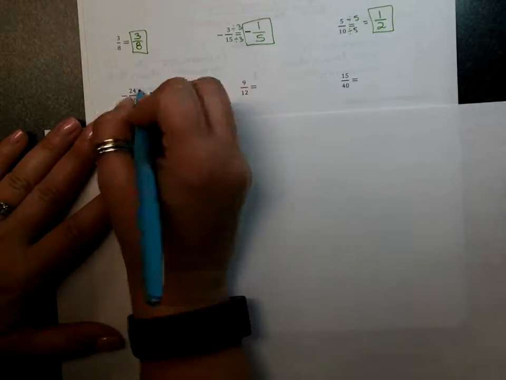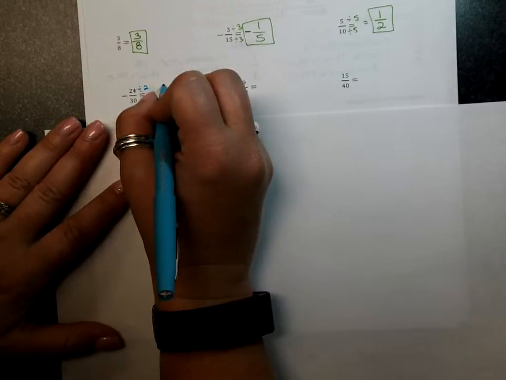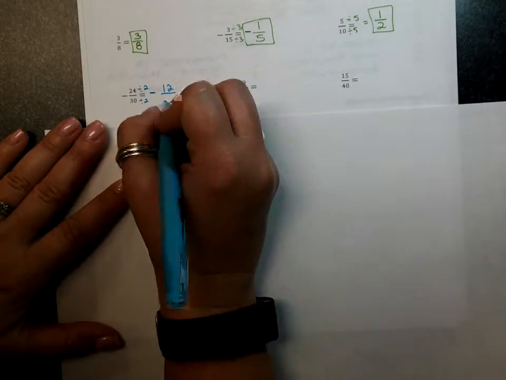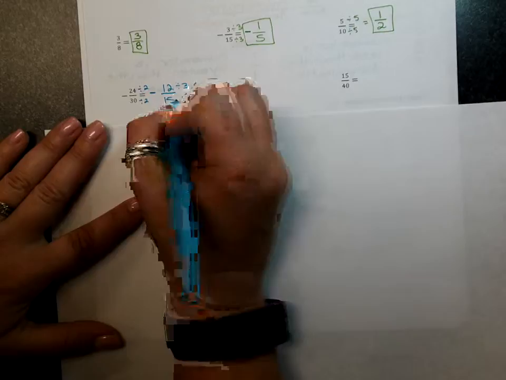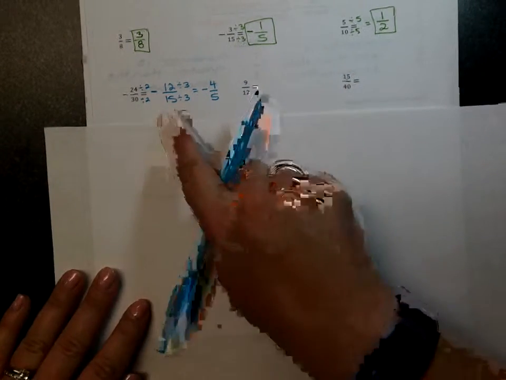Negative 24 over 30. So I'm going to keep that negative. 24 and 30 are both even, so I can divide them both by 2. That's going to give me 12 over 15. I know that both of those can divide by 3, and that's going to give me, again, negative 4 over 5. Some of you might have divided them both by 6 to begin with, and that's okay.